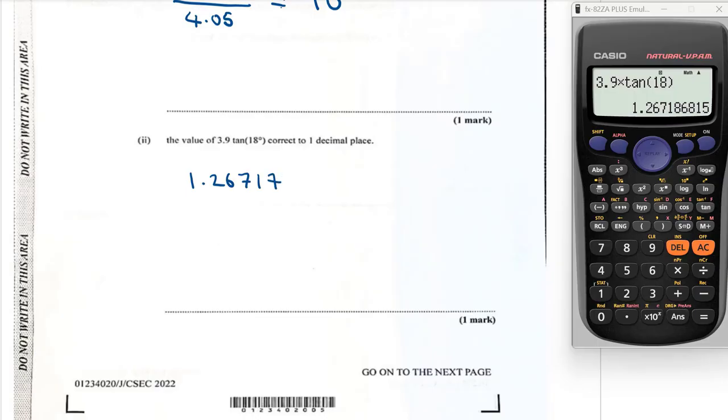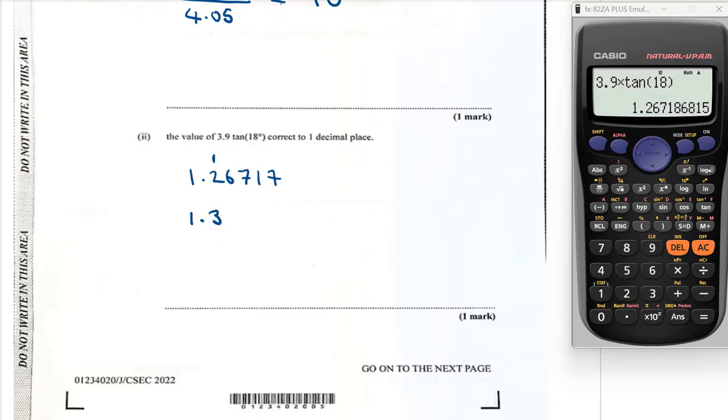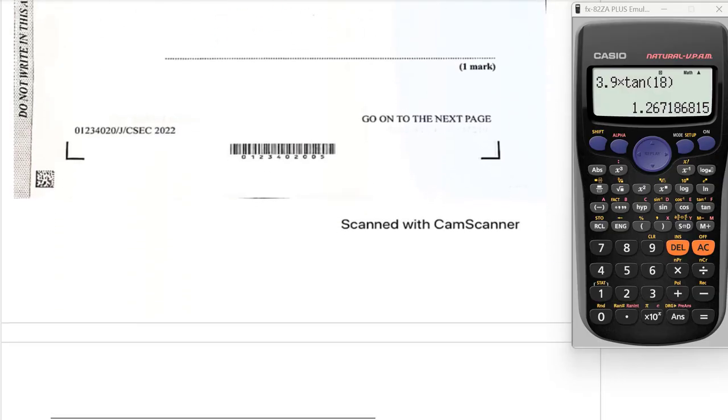Just round that off. Though the question requires 1 decimal place, so I'm going to write 1.3. This is 1 decimal place right here, but the number that follows it is greater than 5, so we have to round up. Let's move to the next question to see what it's asking us to do.